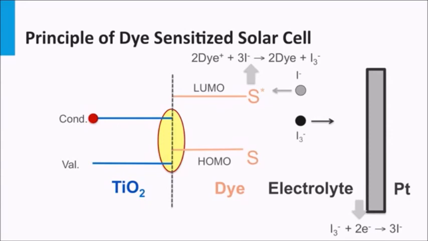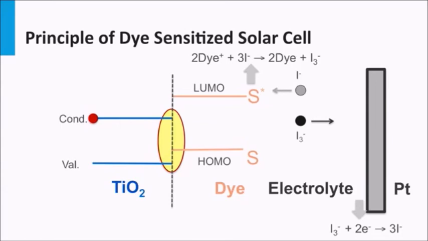This negatively charged triiodide moves to the counter electrode where it is reduced using 2 electrons into 3 negatively charged iodides. These photoelectrochemical cells require a platinum back contact to facilitate the reactions.